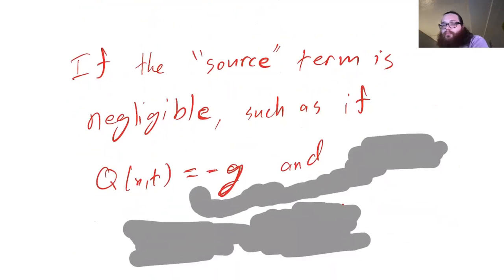So one example might be when this source term or this black box force is constant. And the way I've written it here, maybe you have gravity acting on the string, right? So if you have a heavier string tied between 2 points, it's going to sag. If you have a lighter string or a really taut string tied between 2 points, it's not necessarily going to sag.